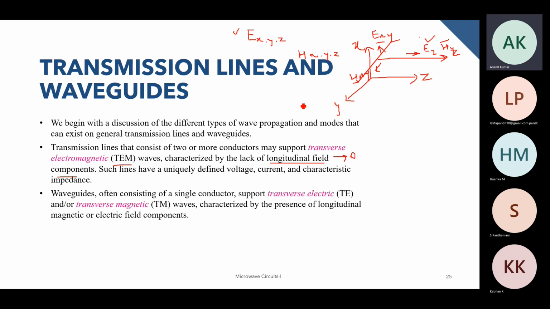If you write the expression for any wave and notice that Ez and Hz are zero and the wave is propagating in the z direction, you can conclude that this is a TEM wave. If the field components in the direction of the propagation are zero, it is a TEM wave.